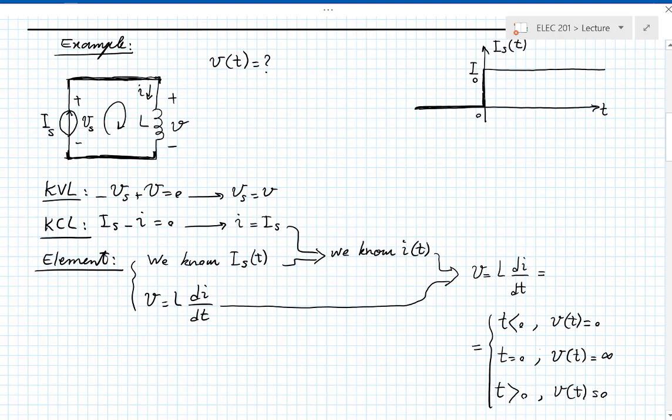You see, I have done nothing but applying KVL and KCL systematically. Now, I think both the KVL and KCL were almost trivial to most of you. Because as soon as I started saying things, you said, oh, V is the same for the current source, and that current I is the same as IS.